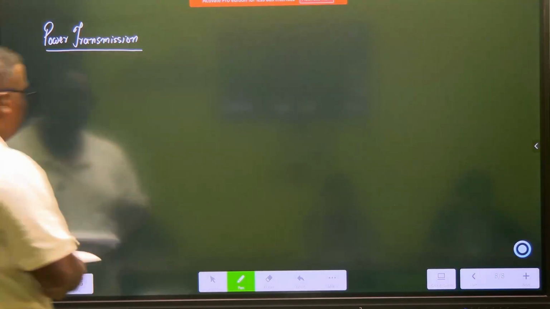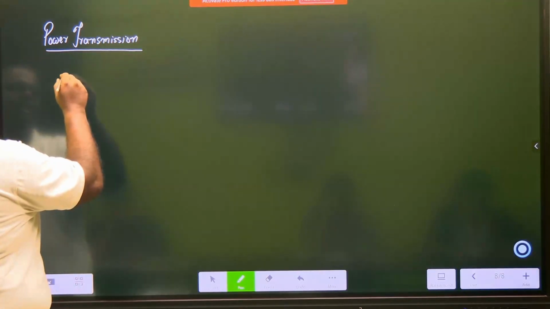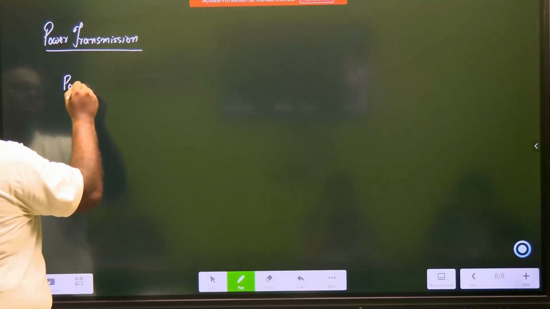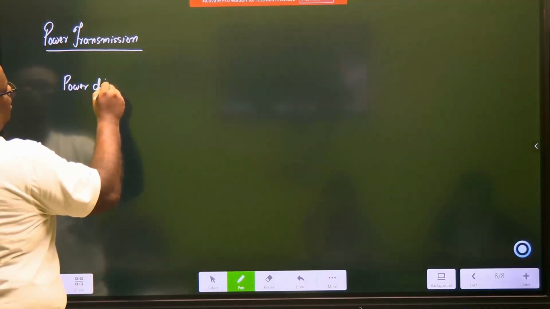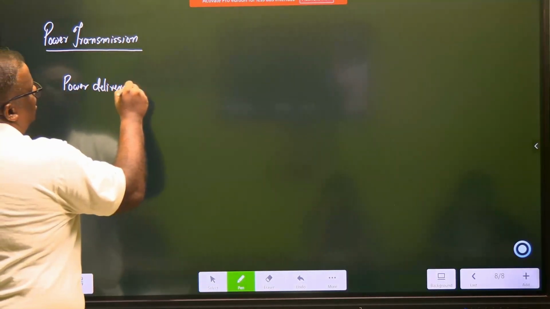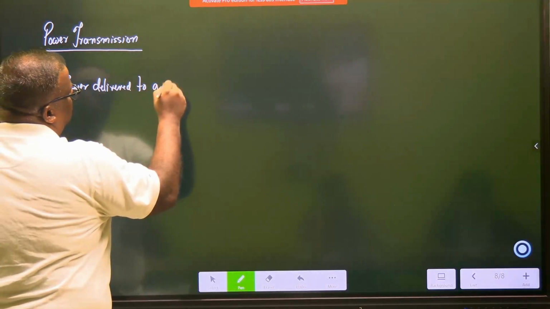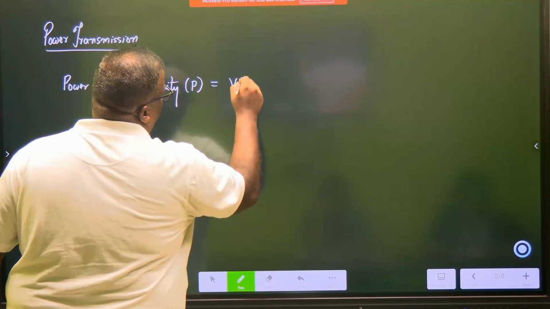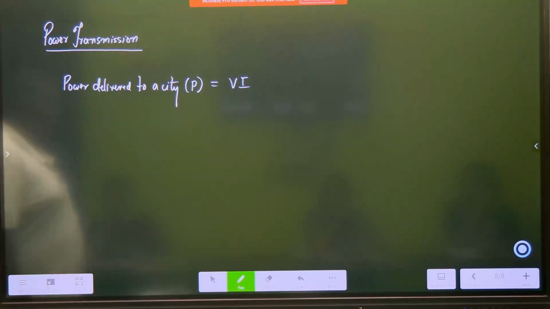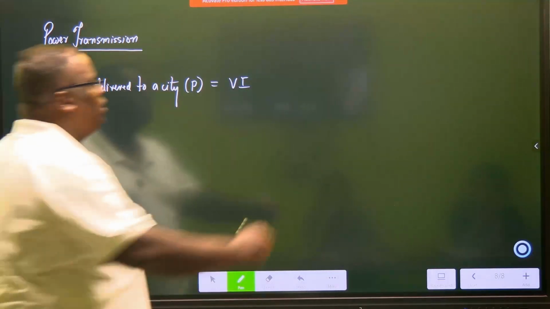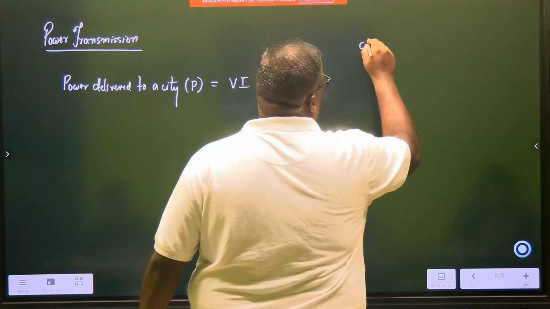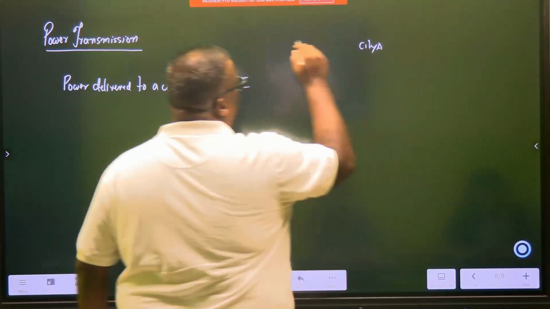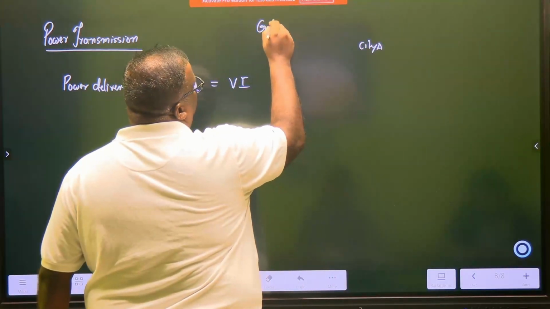Okay. Now, let's say power delivered to a city, power delivered to a city P is given as VI. We all know this formula. You are delivering this power, means you are transmitting. This is city A, and the nearest grid, there is a grid.